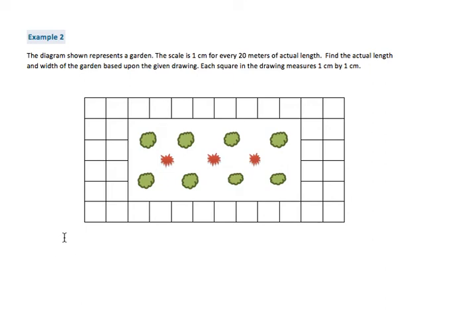Just to clarify the scale for ourselves, we'll set up a little table as well for scaled to actual. And then enter in the scale, which is 1 centimeter for every 20 meters.